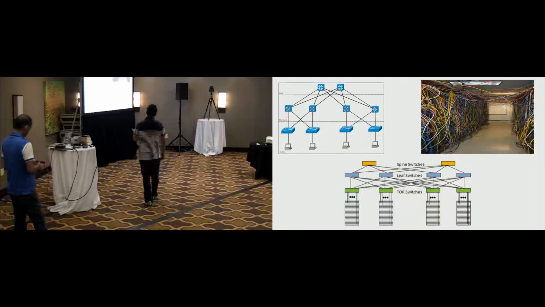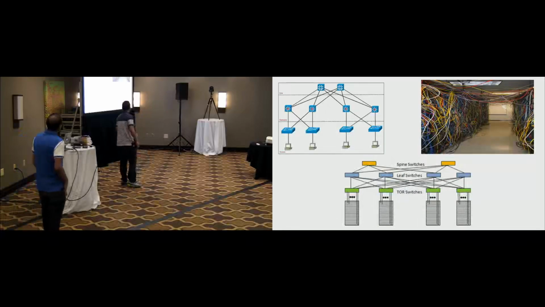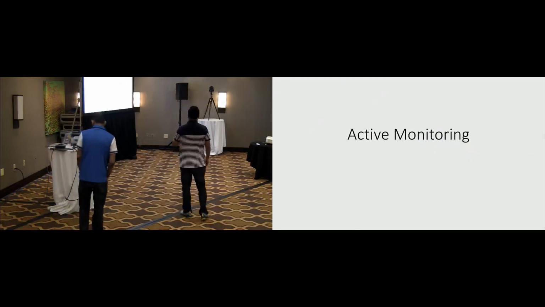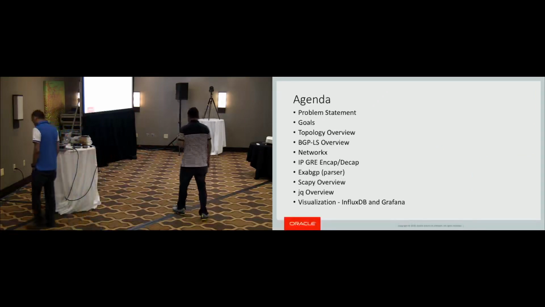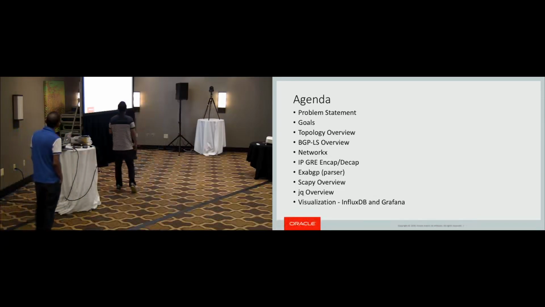Or if we look into the data center, it might look like this. But we're not here to solve structured cabling problems. We're here to talk about network monitoring, and that's the theme of our hackathon today. So we'll be talking about active monitoring. Just to give you a quick overview of the agenda today: I'll go over the problem statement.